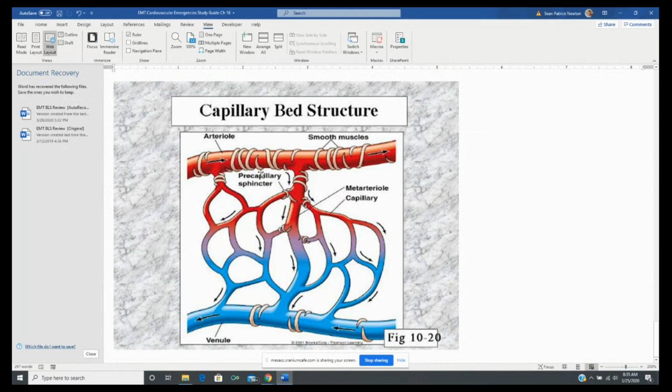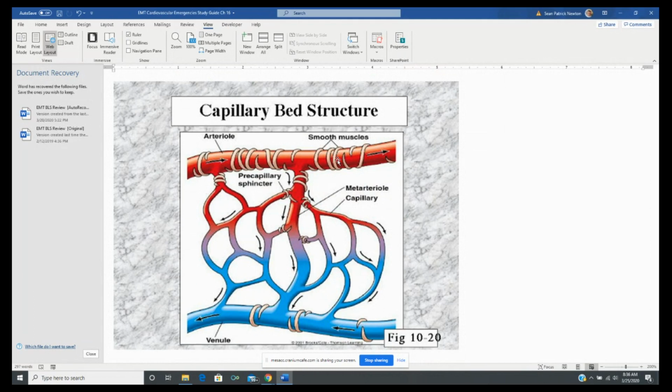You can see here the arterioles are surrounded by this smooth muscle. The smooth muscle is going to contract if you need your blood pressure to go up and you need to narrow the arterioles. And it's going to expand or relax if you need more blood flow. So let's say you're really hot and your skin gets flushed.